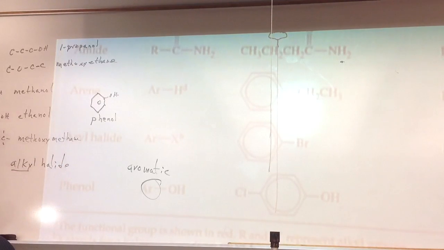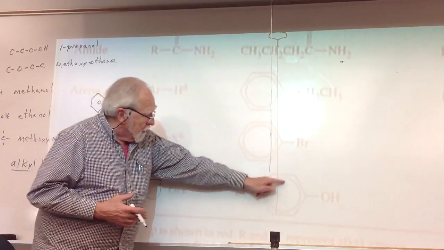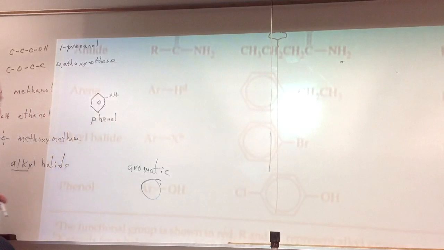This part means it has alkanes, alkenes, alkynes. It has some sort of alternating double bond structure like this, conjugated double bond, fancy words they use. It doesn't have that structure.